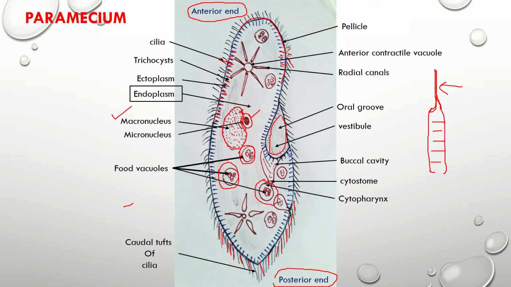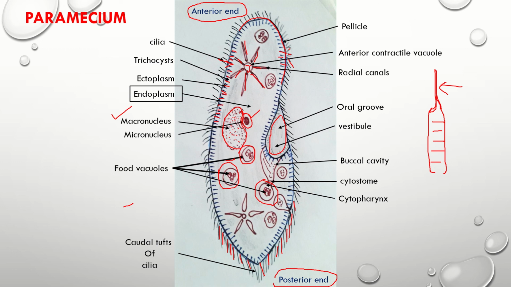So here is a contractile vacuole, and this contractile vacuole is supported by elongated tubes called radial canals. These radial canals, about 6 to 10 in number, are long, narrow, spindle-shaped, and are found around the inner structure of the anterior contractile vacuole.